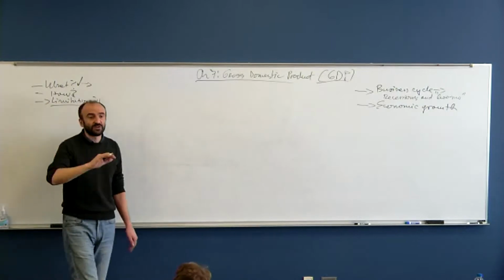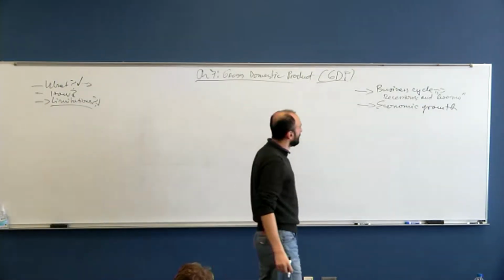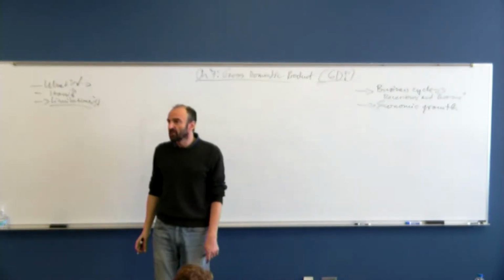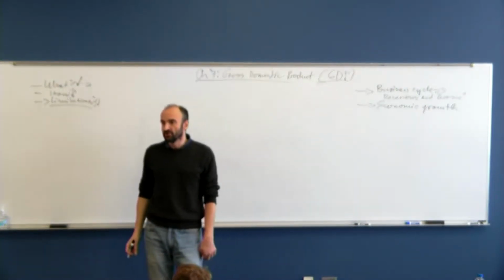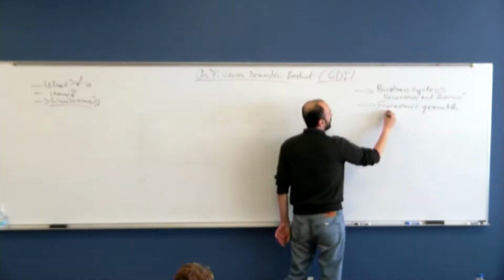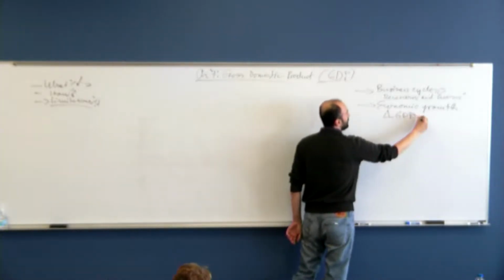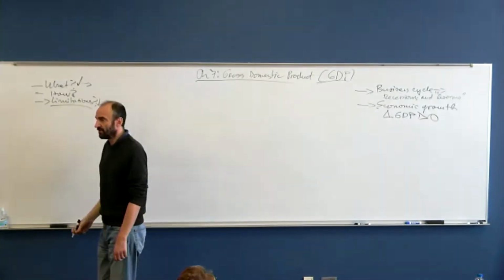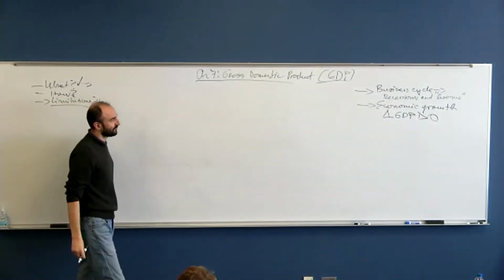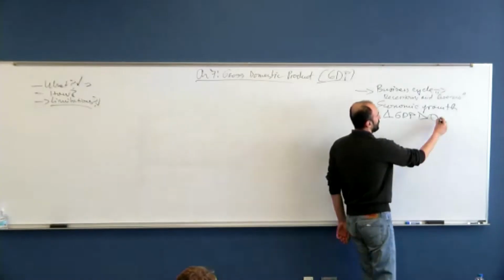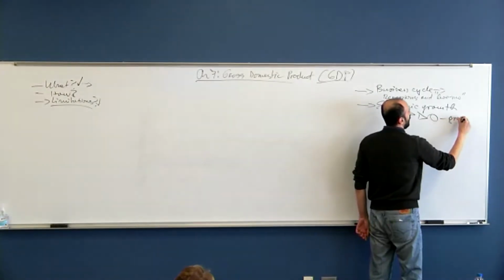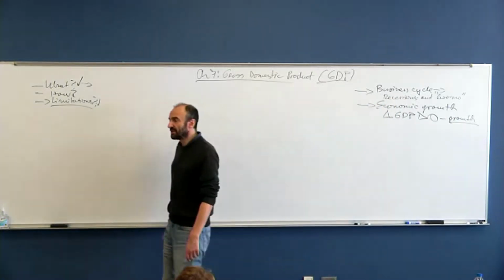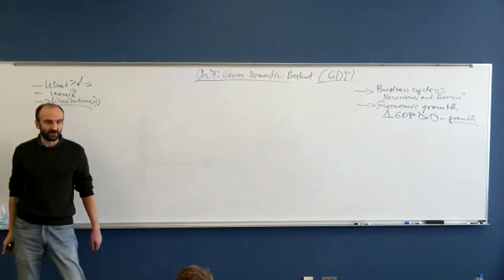So you can say, even before we define GDP, what it is exactly, we can say that economic growth is an increase, is a positive rate of change in GDP. Delta GDP, change in GDP, greater than zero. That's positive economic growth. That's growth. If it's less than 0, that means that the economy is shrinking.